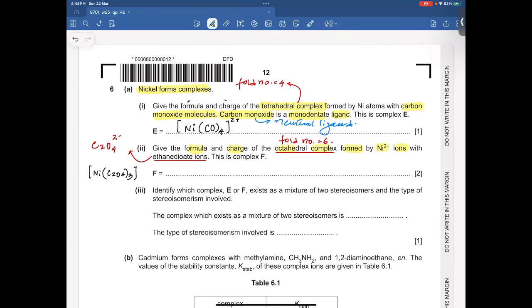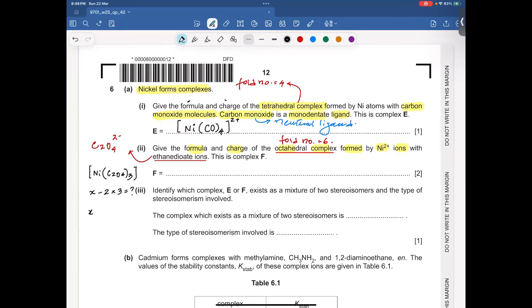Okay, so what sort of charge should we put here? See, nickel, let's suppose, is X. C2O4 is ethanedioate. It has a -2 charge. We have 3 ethanedioate ions, so it has to be into 3 equals this much.